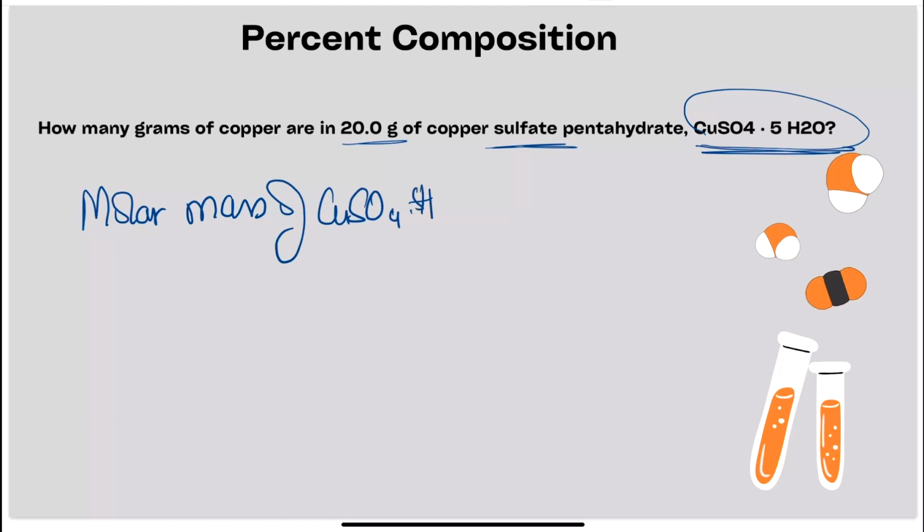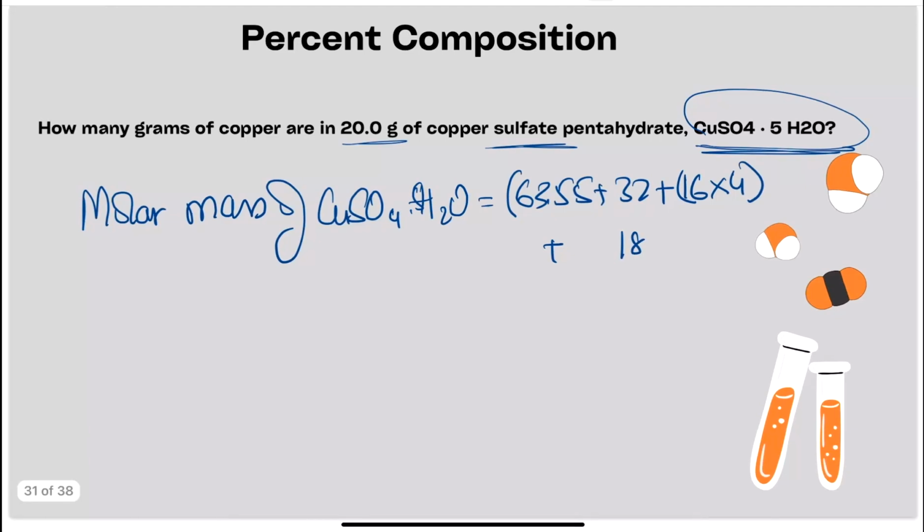Because this is a hydrate, you also have to take into account the water molecules. So you're going to take your molar mass of copper plus sulfur plus oxygen plus, whenever I work with hydrates, I always take water as 18. So that's the molar mass of water.